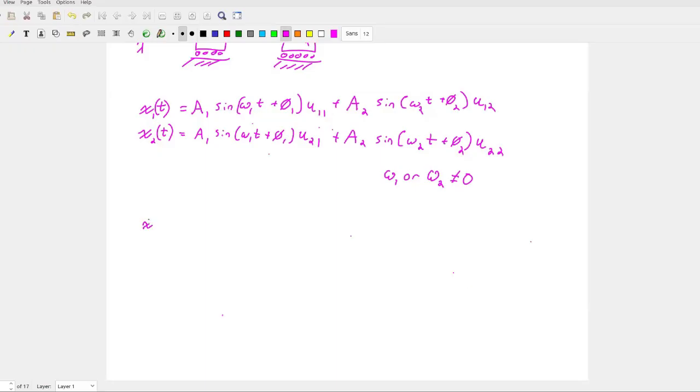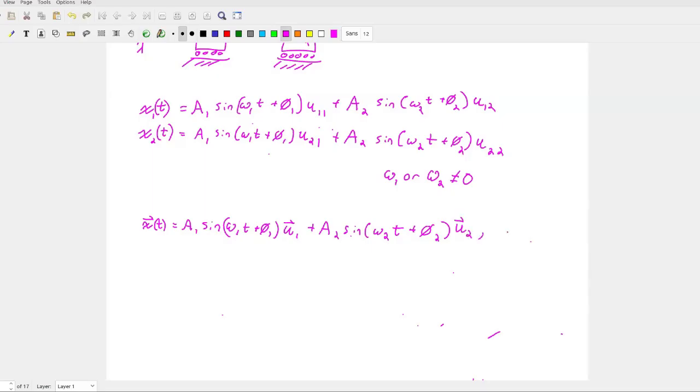So I'm going to have x vector of t is equal to A1 sine of omega 1 t plus phi 1 times u vector of 1, plus A2 sine of omega 2 t plus phi 2 times u vector of 2.